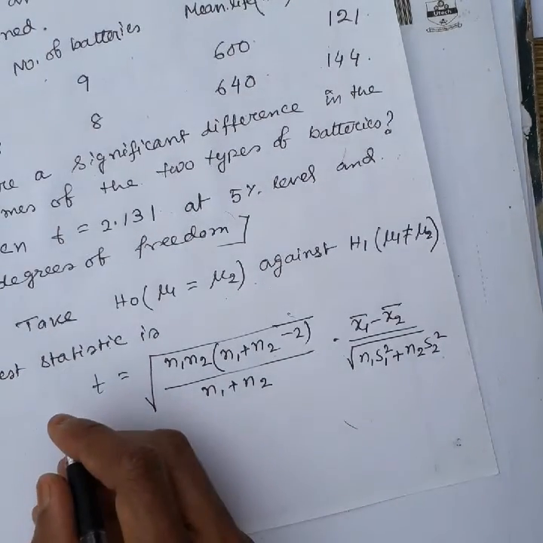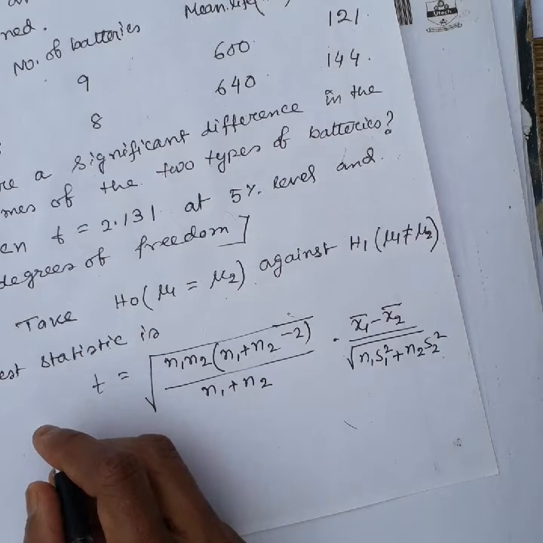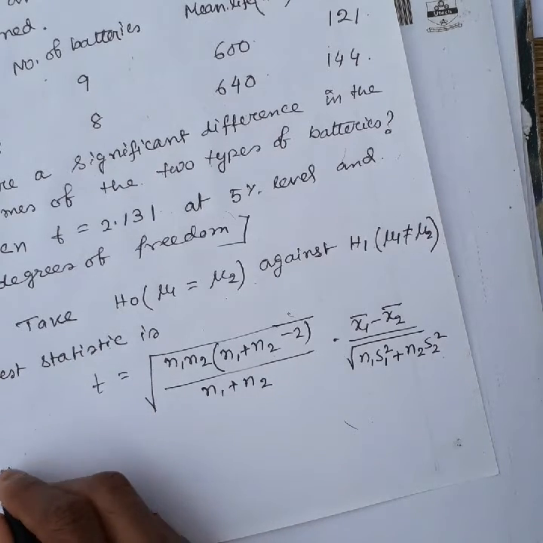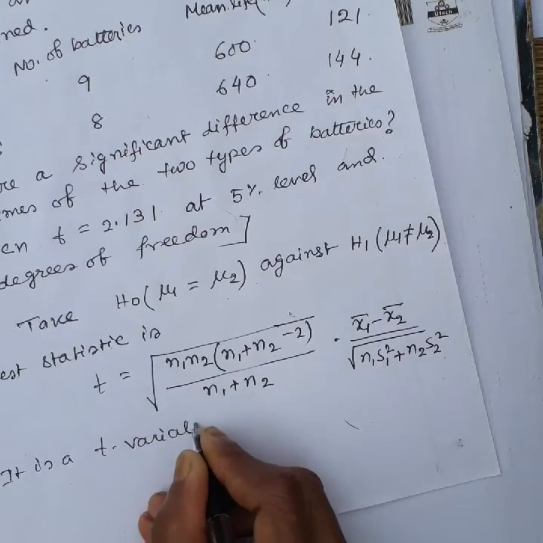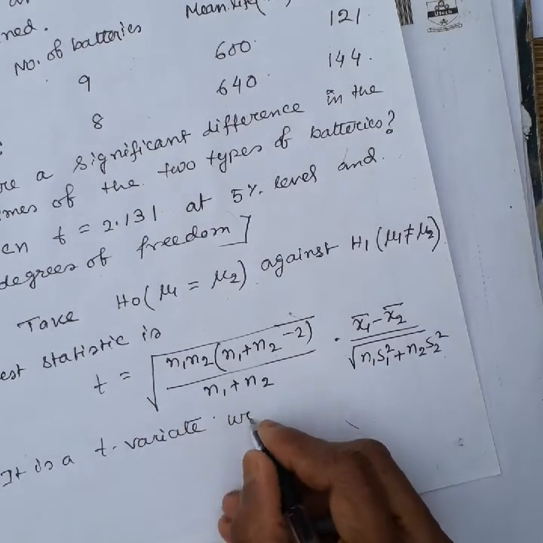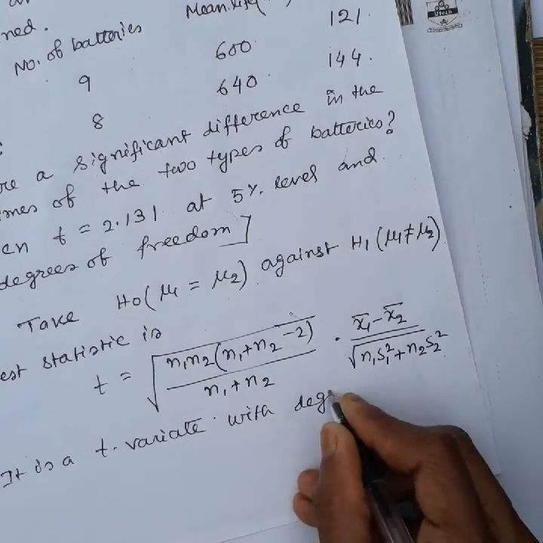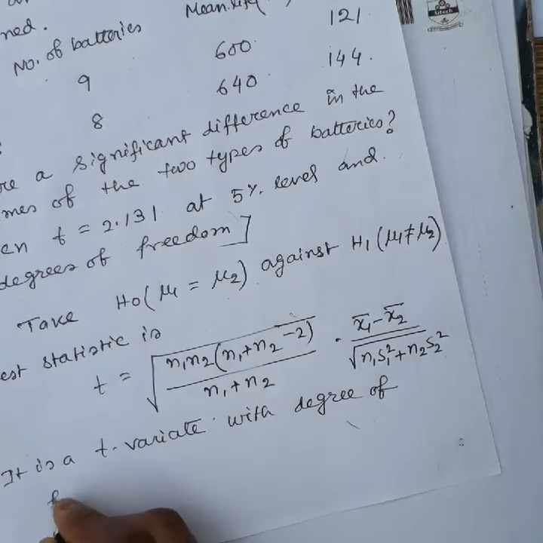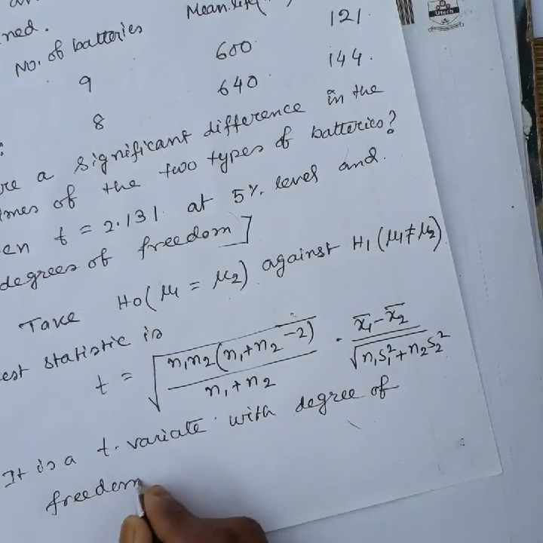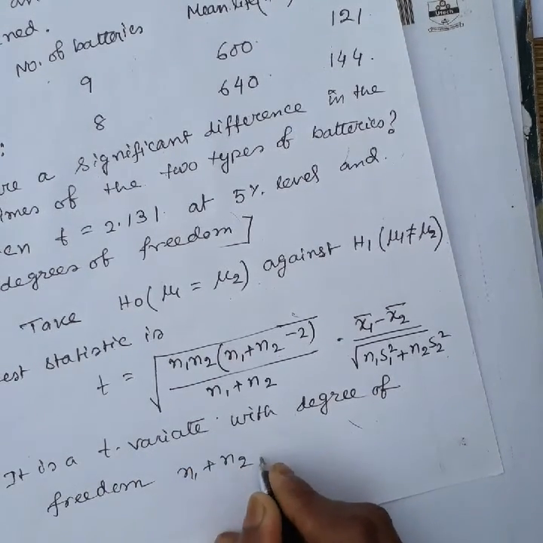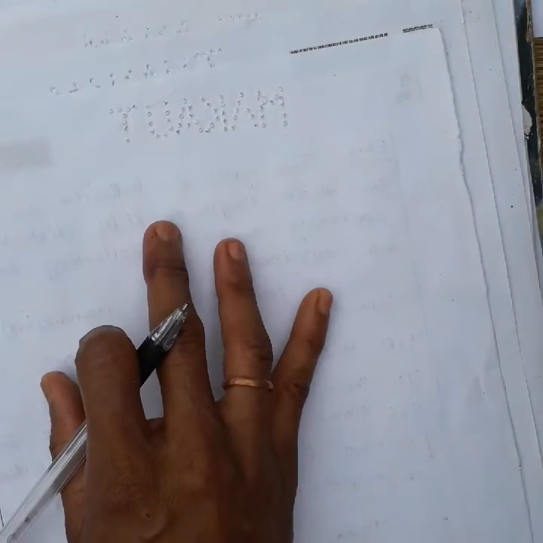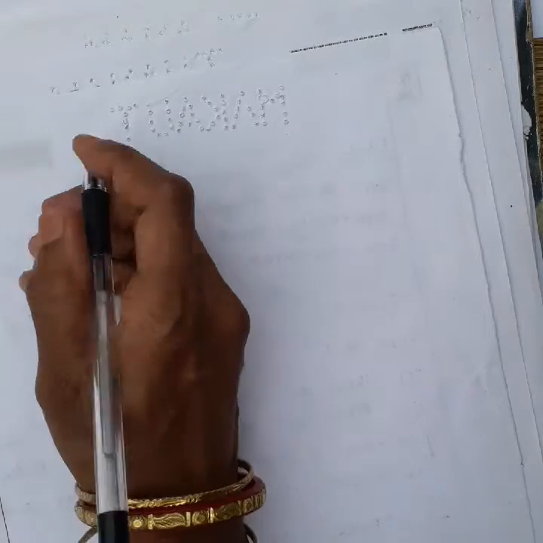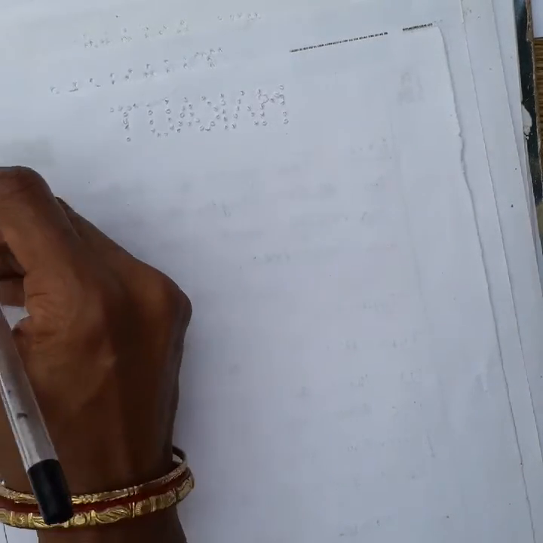As here the population SD is unknown, it is a t variate with degree of freedom n1 plus n2 minus 2. Okay, so here all the values are given.